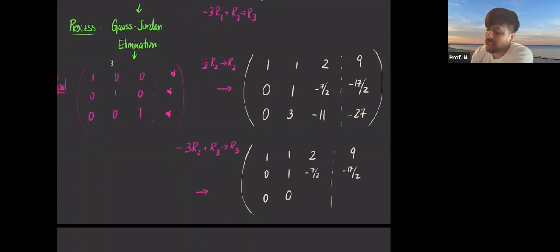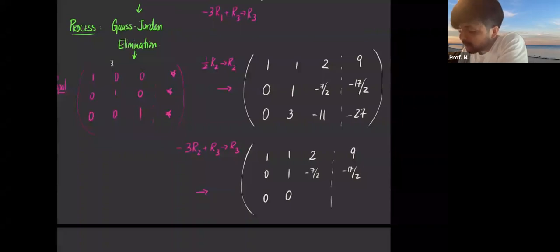And what's going to change is the number underneath. So I'm going to break this down a bit. When I multiply these entries in the second row by negative 3, I get negative 21 over 2. So this is negative 3 R2.